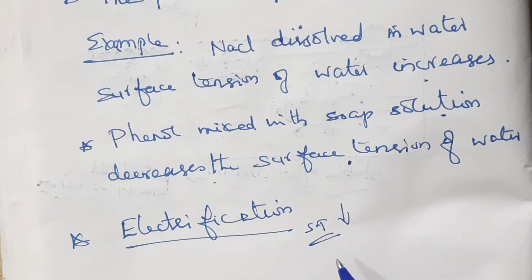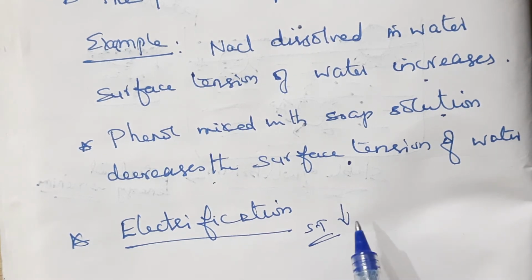Since external force acts on the liquid surface due to electrification, the area of the liquid surface increases, which acts against the contraction phenomenon of surface tension. So hence it decreases. Understand? So when the liquids get electrified, the surface tension decreases.